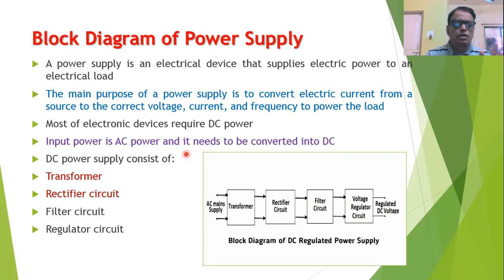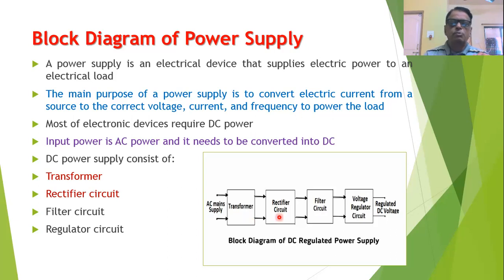Whenever we think of any DC regulated power supply, it will consist of these blocks. The first block will be the transformer. The transformer will convert the input AC into a low voltage AC. A transformer can be either a step up transformer or a step down transformer. Step down transformers are mostly required in the power supply, where the high voltage input AC is converted into a low voltage AC.